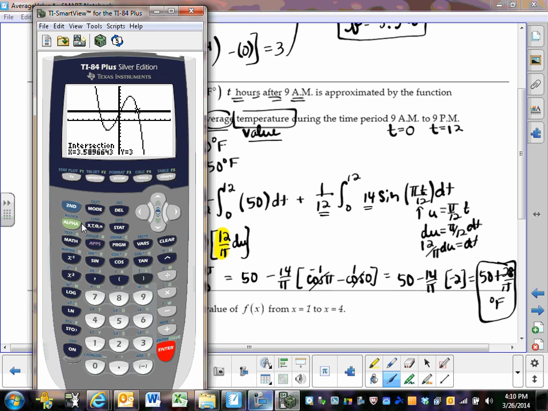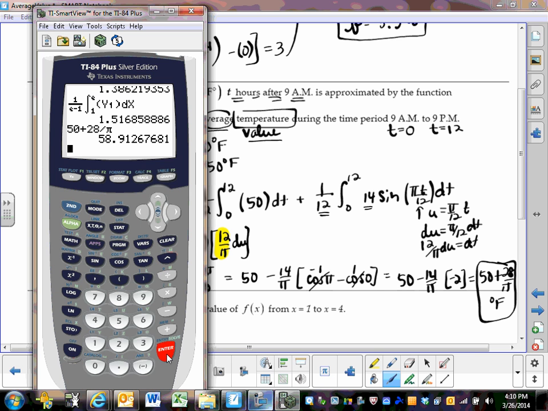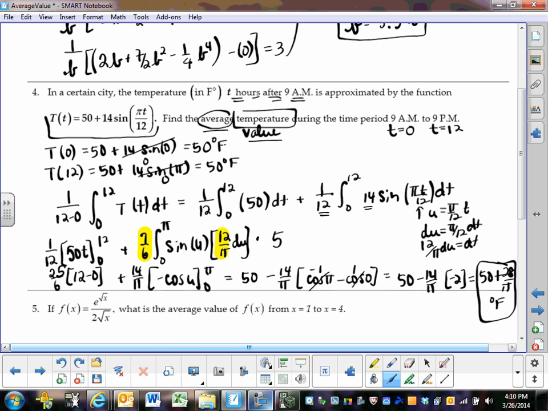And just to show you what the decimal answer would be for that, 50 plus 28 divided by pi would be 58.913. So 58.913 degrees Fahrenheit. Make sure your answer makes sense.